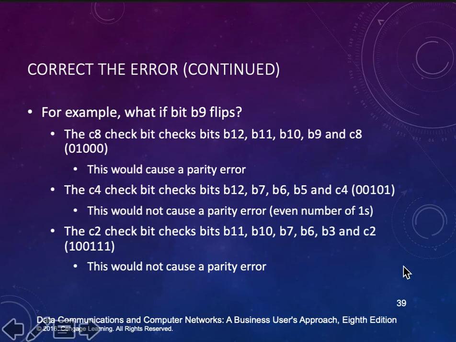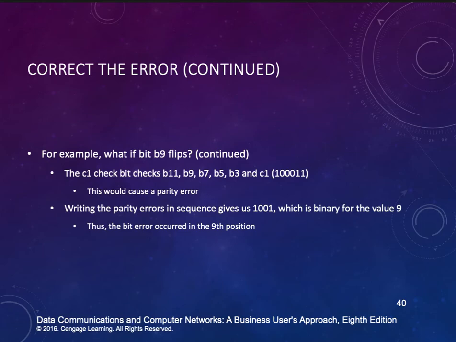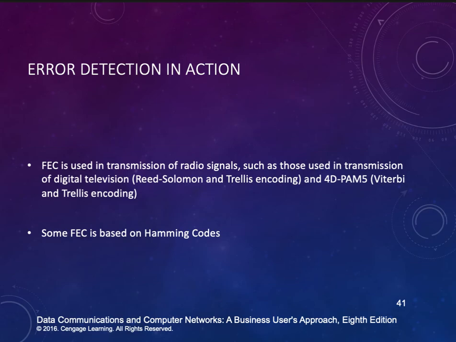In the example here, B9 flips, so it will cause a parity error on the ninth position.